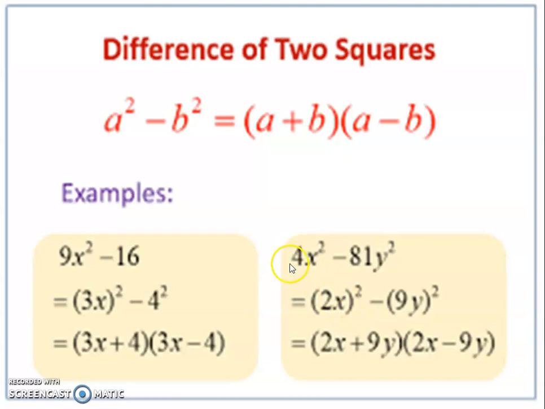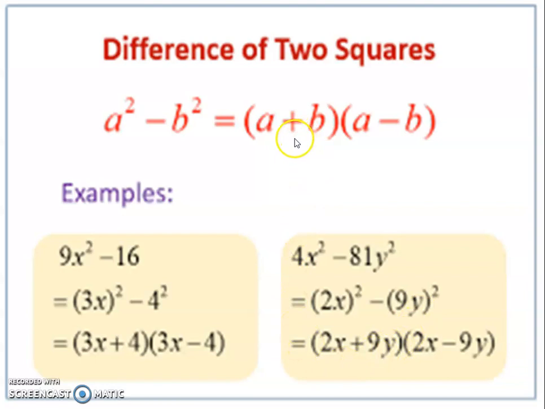How? 4x²: 4 is the perfect square of 2, x² is the perfect square of x, so (2x)². 81 is the perfect square of 9, y² is the perfect square of y, so (9y)². Here a is 2x, b is 9y.